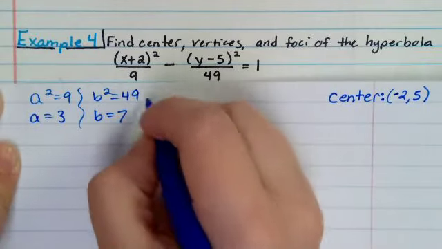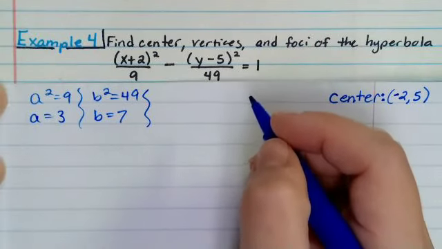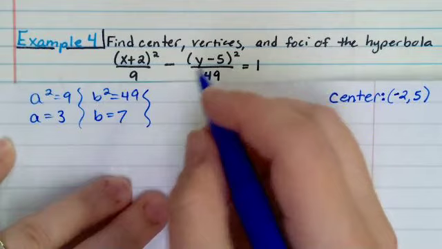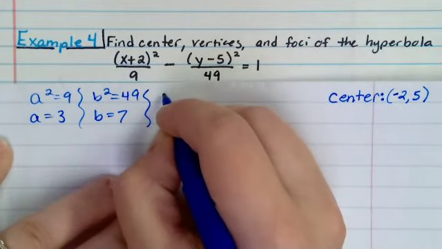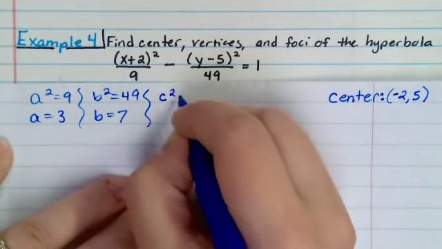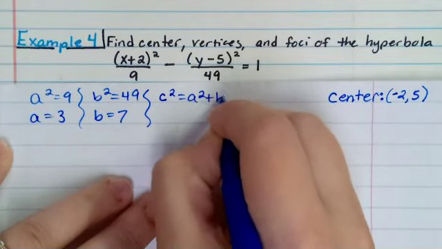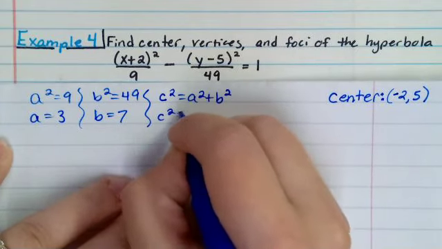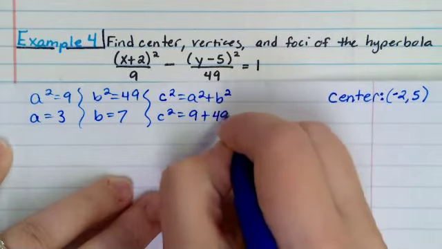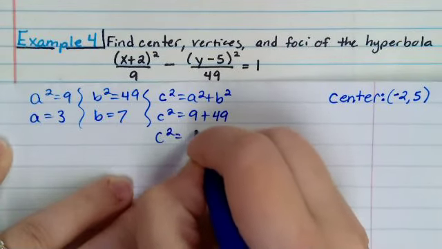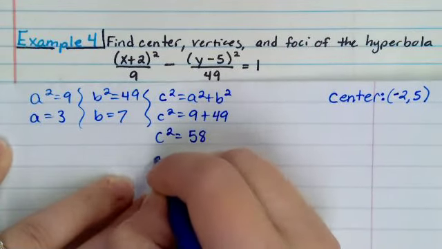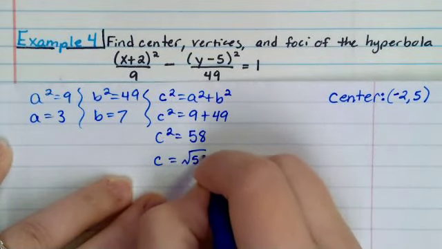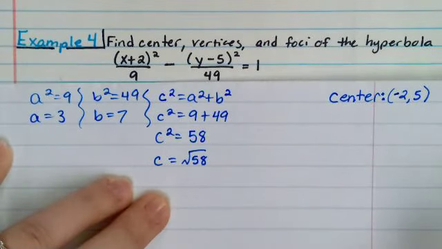And then I need to get C. C squared equals A squared plus B squared. So 9 plus 49. C squared is 58. And that means C is the square root of 58. I'll just leave it like that.